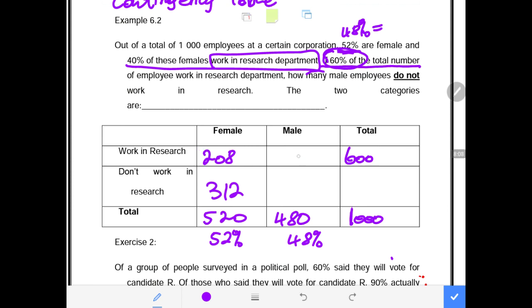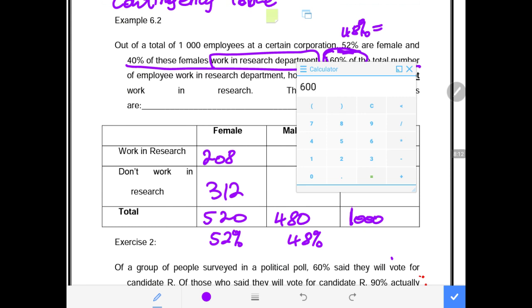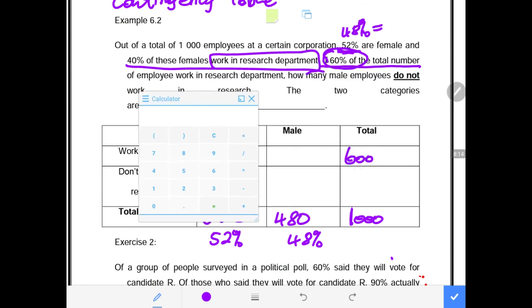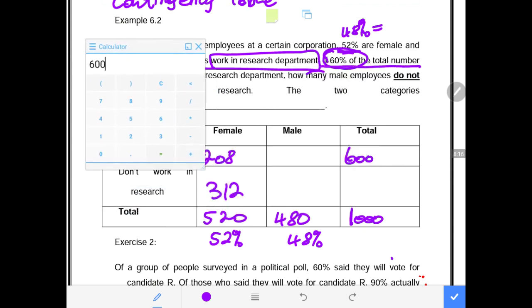Therefore now we need to know those that are male employees. Then what do we do now? We say out of the 600 minus those who are females working in the research department, then we get the males who work in the research department. It is 392. There are more males who are researchers in this company than females who are researchers in this department.